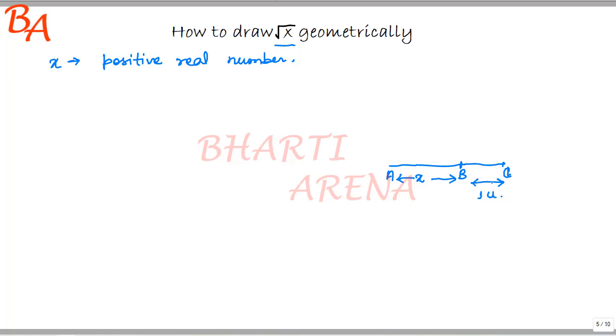Now bisect AC, that is the perpendicular bisection, by taking the compass here and from here, and by putting a scale here we will get the bisector like this. So let this be O, and this is the midpoint of AC.